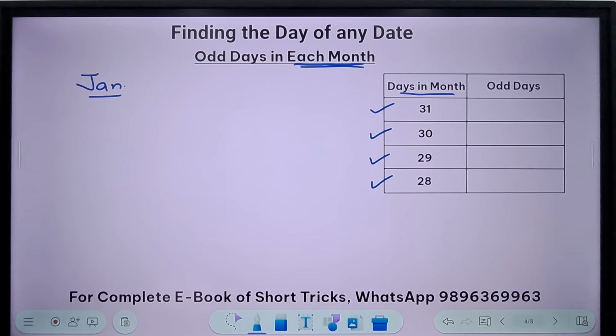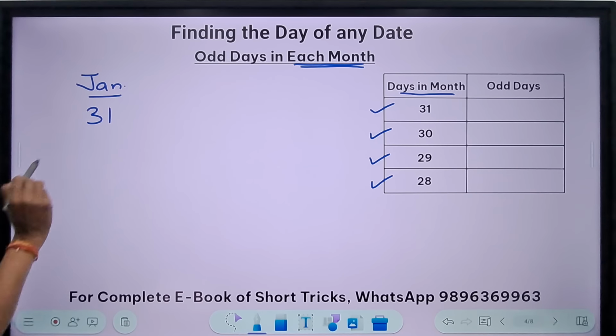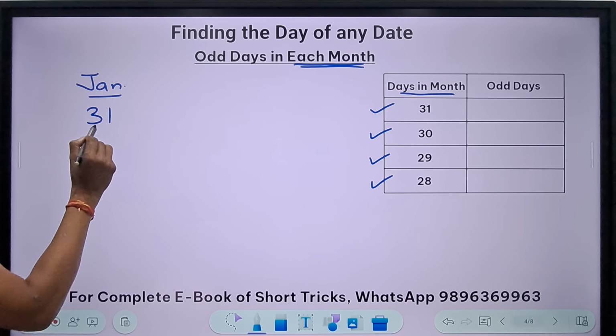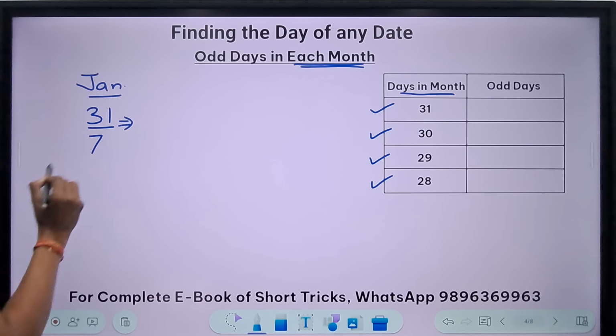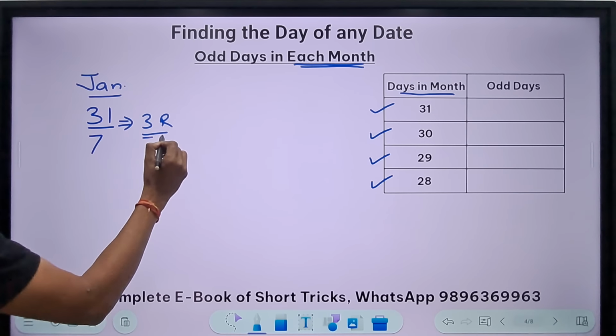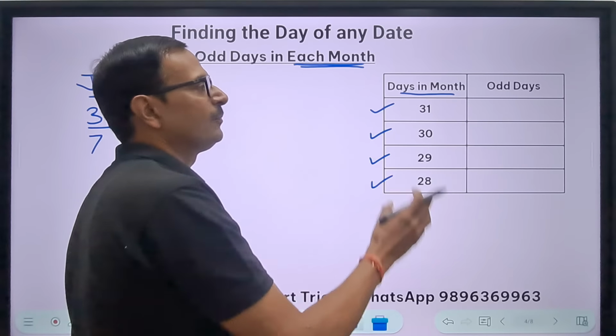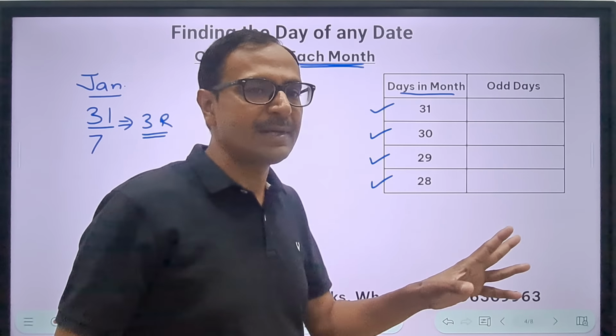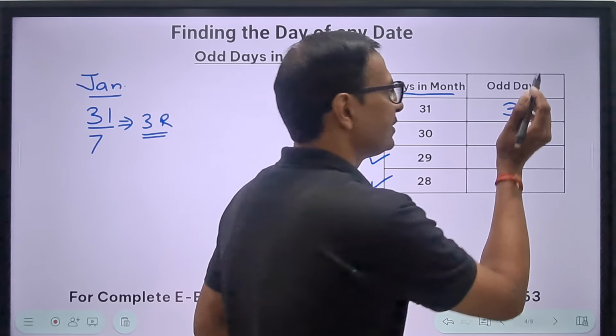Now if you want to find the odd days in any month, just like say January. January has 31 days, right? Now if you divide 31 by 7, what is the remainder? 7 fours are 28, so 3 remainder, and therefore every month that has 31 days will have 3 odd days.